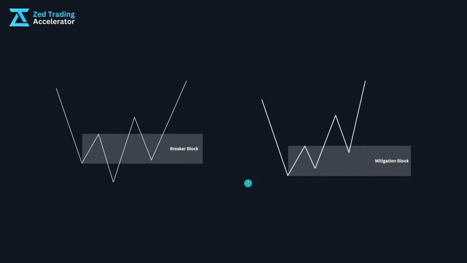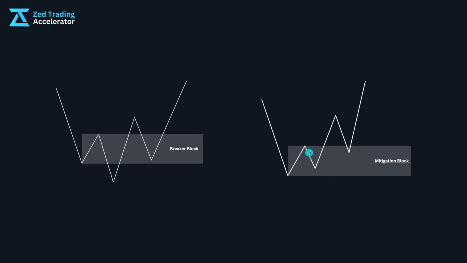Alright, so here are the differences between a breaker block and a mitigation block, for you to see exactly their difference. As we can see, we are bearish, right? We form a down close candle, just like here. And then price should disrespect this swing low right here in order to become an order block initially, right?